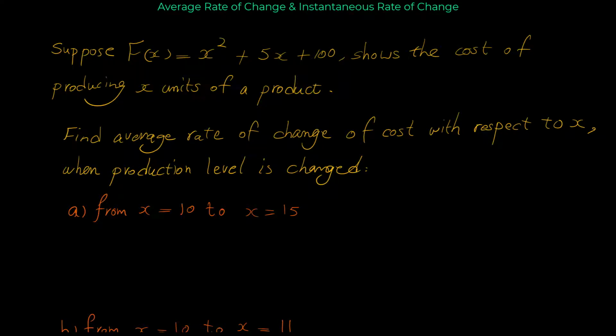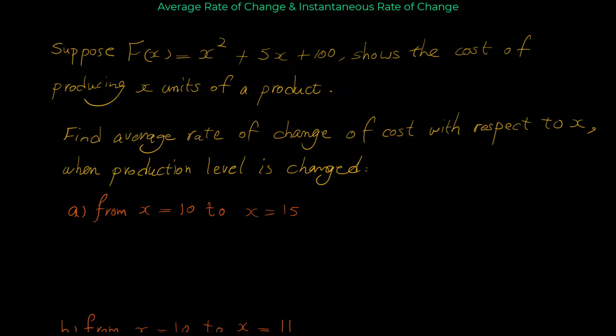The question is, find the average rate of change of cost with respect to x when the production level is changed from x equals 10 to x equals 15.